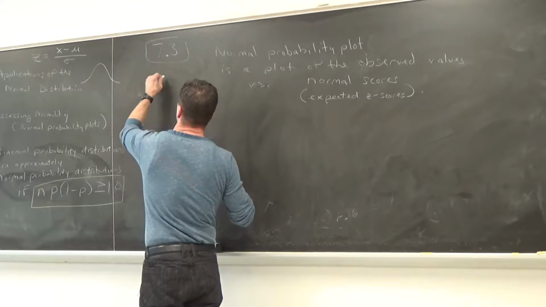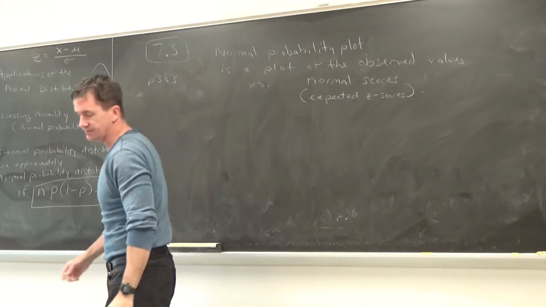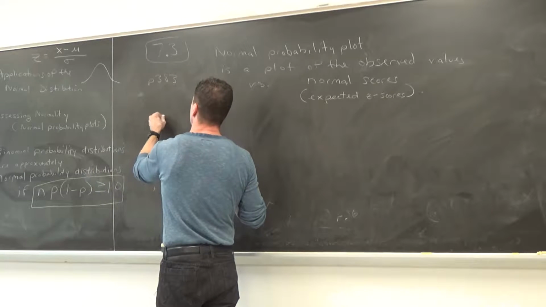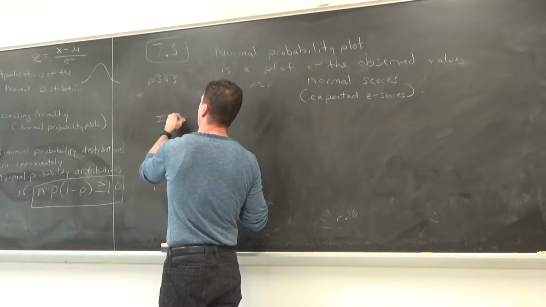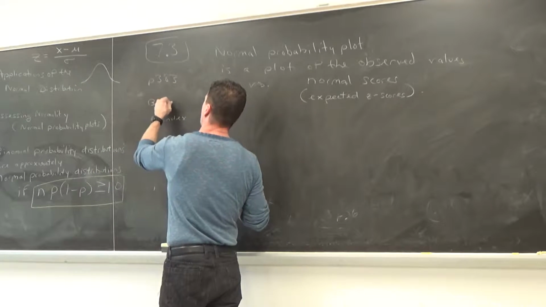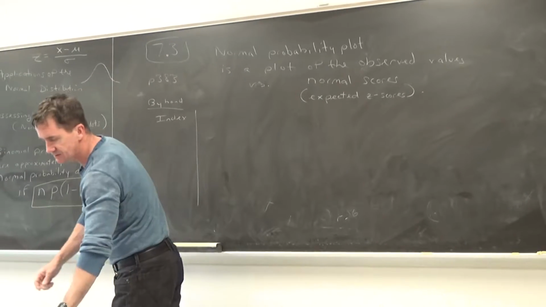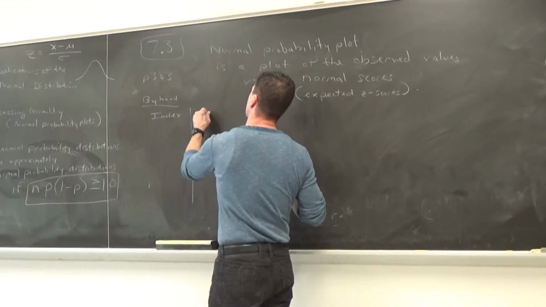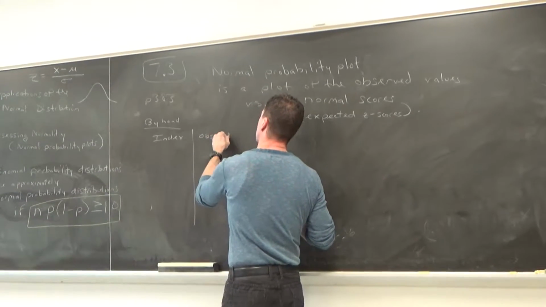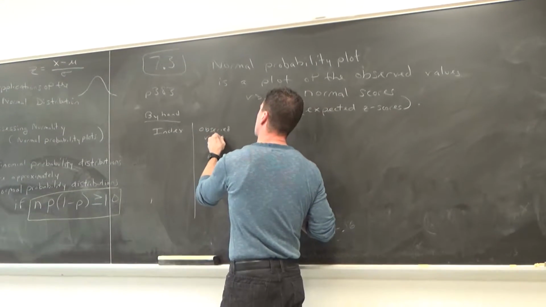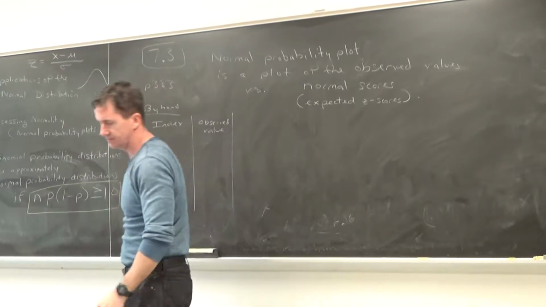Around page 383, you would have to fill out, if you did this thing by hand, I just want to show you what you'd have to do. You have an index and an observed value. This would be by hand.